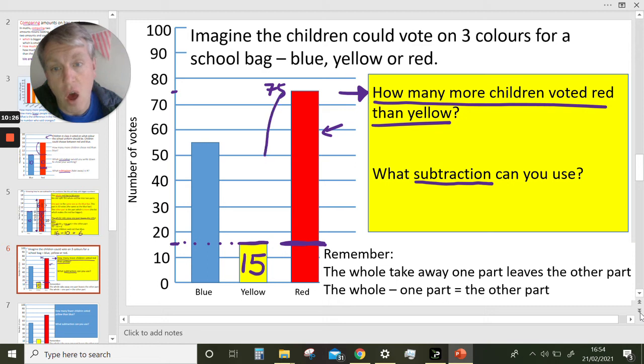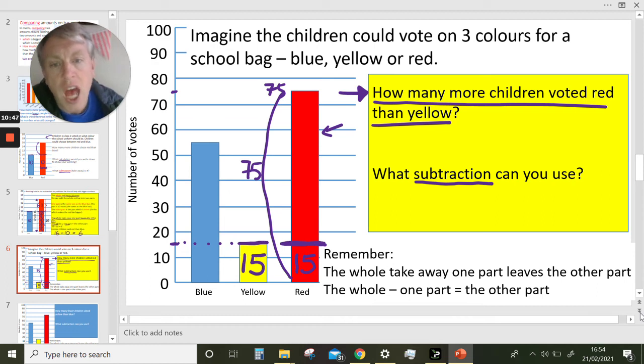So that whole red bar is 75 all together. And we're splitting it into two parts. The part which is the same size as the yellow, if it was the same height as the yellow bar, it would be the same number, wouldn't it?